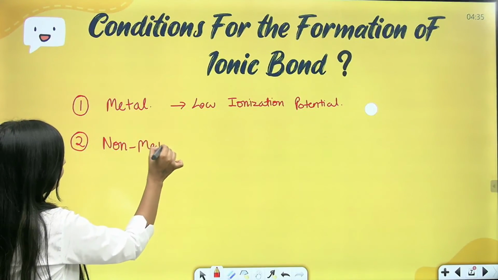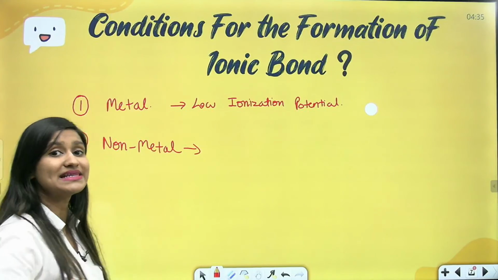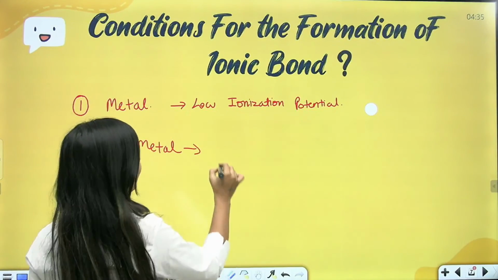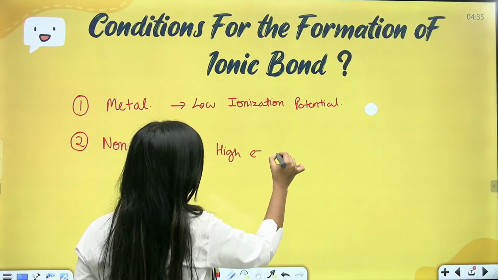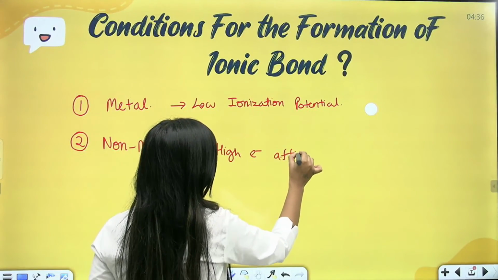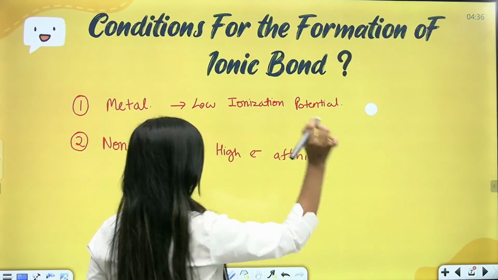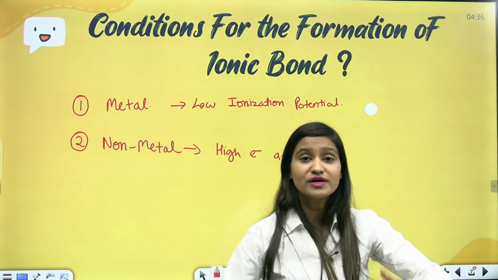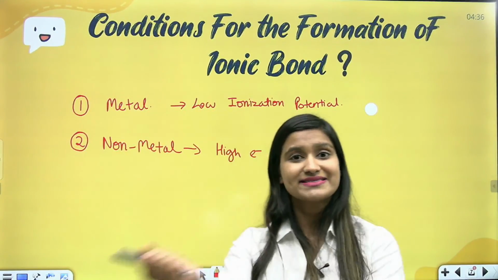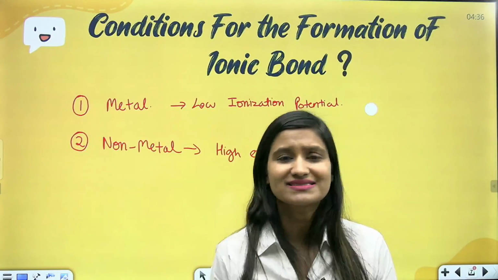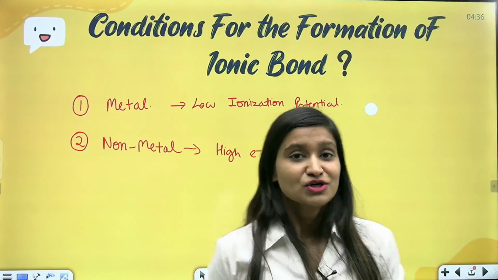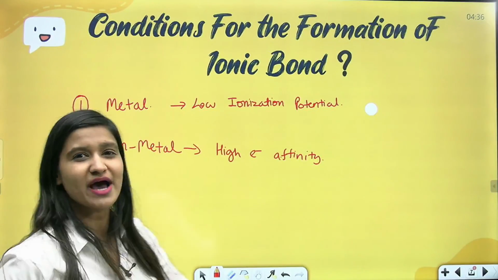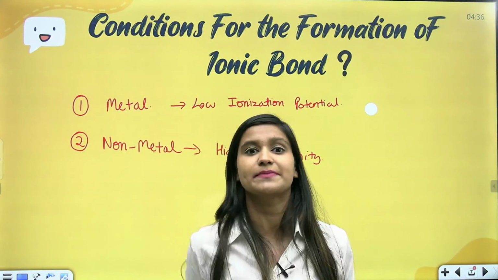And the second thing is the non-metal. The non-metal has a tendency to accept electrons, so it should have high electron affinity. We want the non-metal to accept the electron as soon as the metal donates it, so it should have a strong desire to accept the electron.